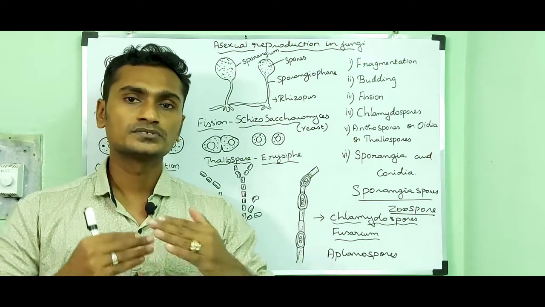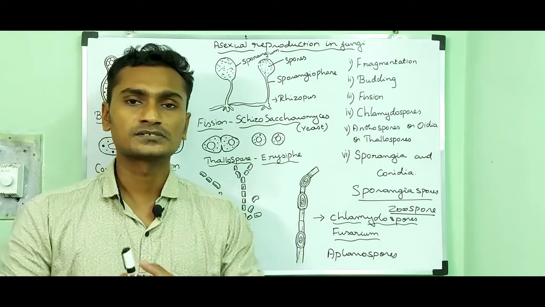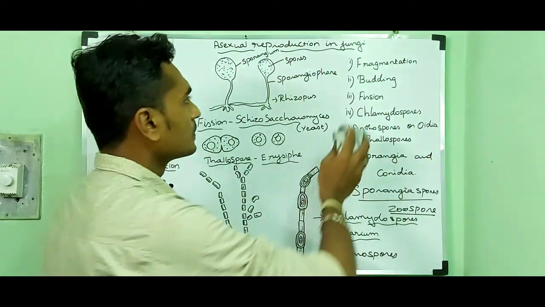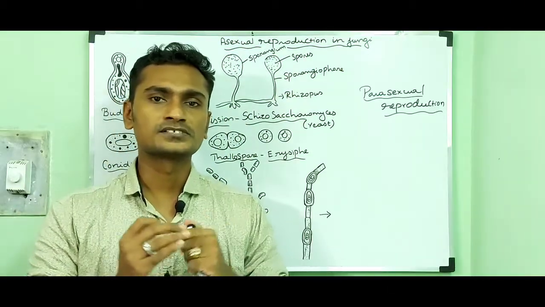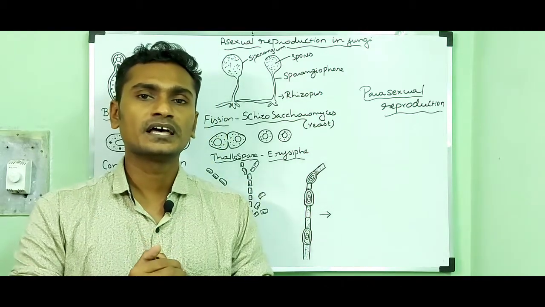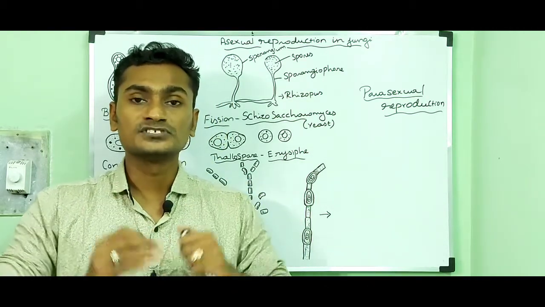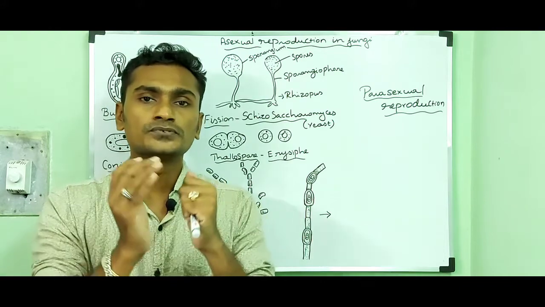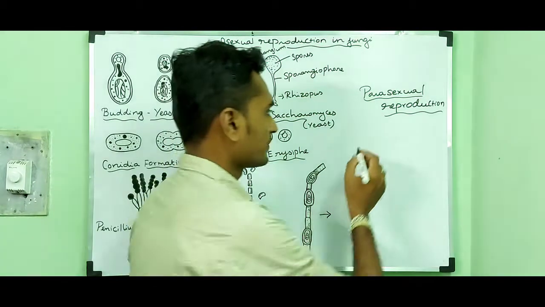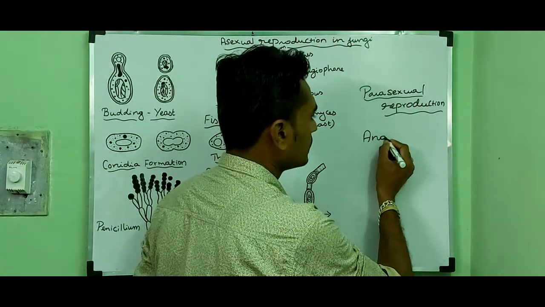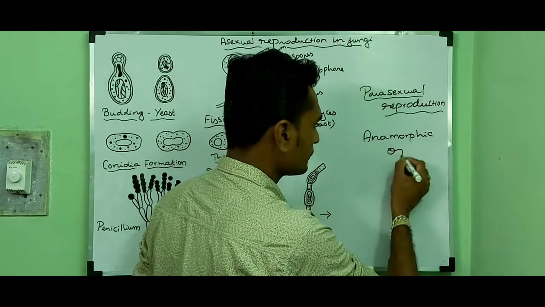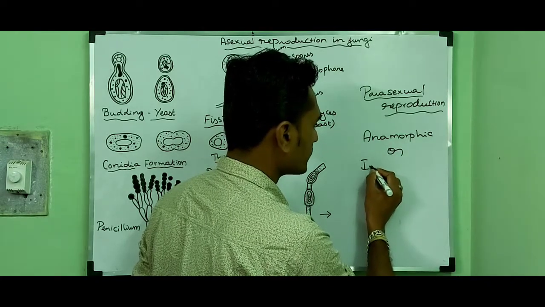Now let me tell about parasexual reproduction in fungi. Fungi that lack sexual reproduction, which involves nuclear fusion and meiosis, are called anamorphic fungi or fungi imperfecti.